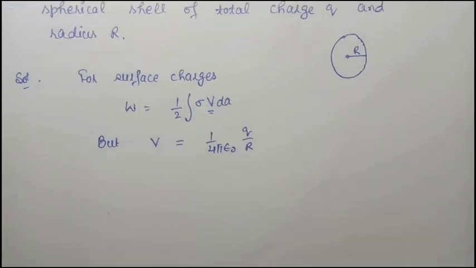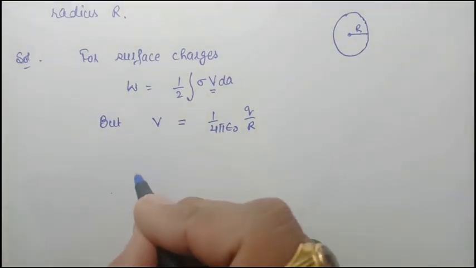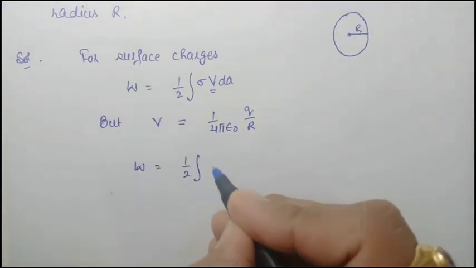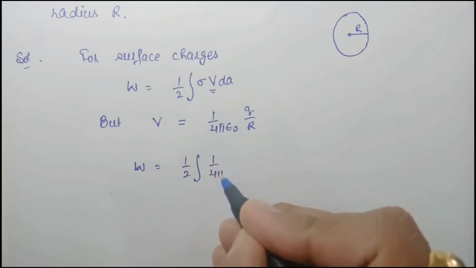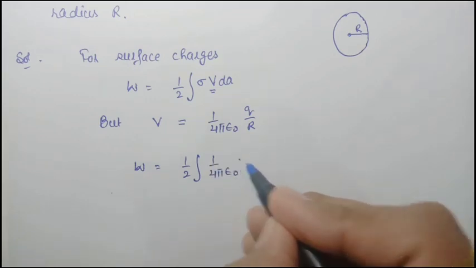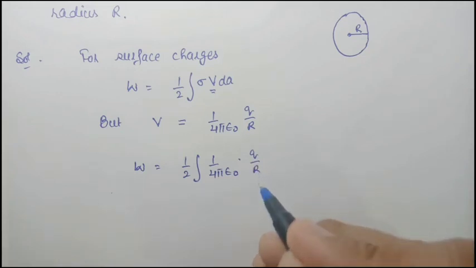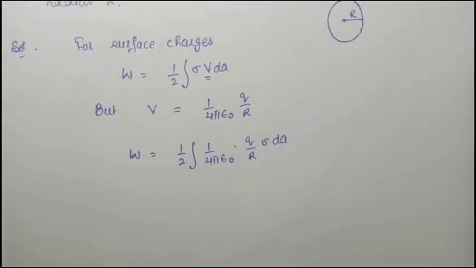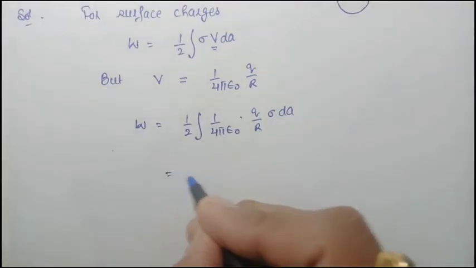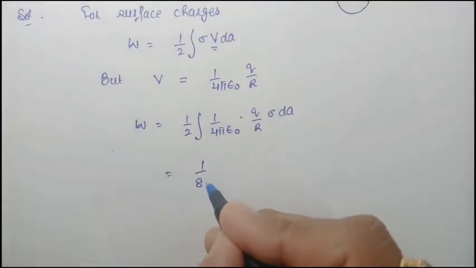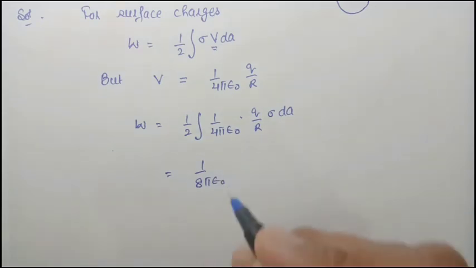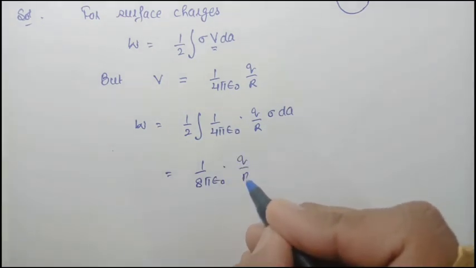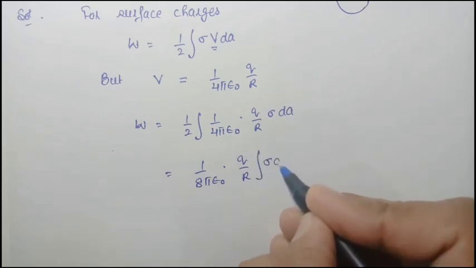So when we substitute this value in the above equation, we can write 1 over 2, here we have 1 over 4 pi epsilon naught into Q over R integral of sigma dA, or we can write 1 over 8 pi epsilon naught into Q over R integral of sigma dA.